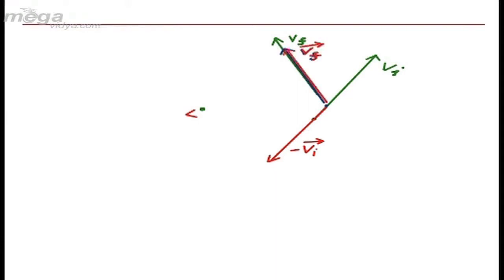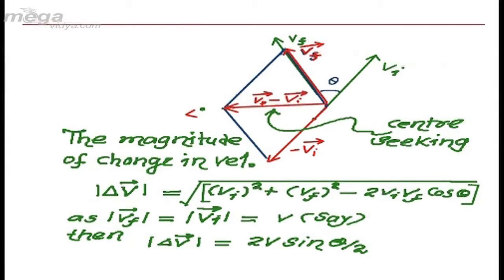So if I add these two vectors, V final and negative of V initial, then by vector addition, as V final and V initial have the same magnitude, we can say that the change in velocity has magnitude equal to 2V sine theta by 2, which may be obtained by putting V in place of Vi and Vf and solving this equation.